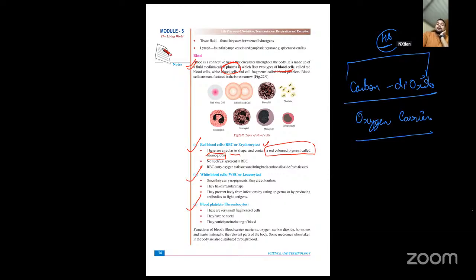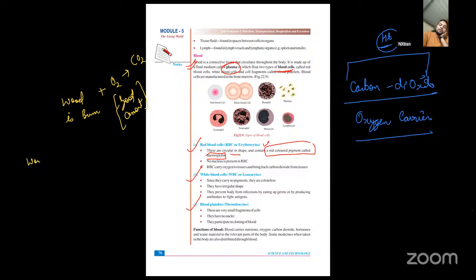So listen, guys. When wood is burned in a good amount of oxygen, carbon dioxide is formed.